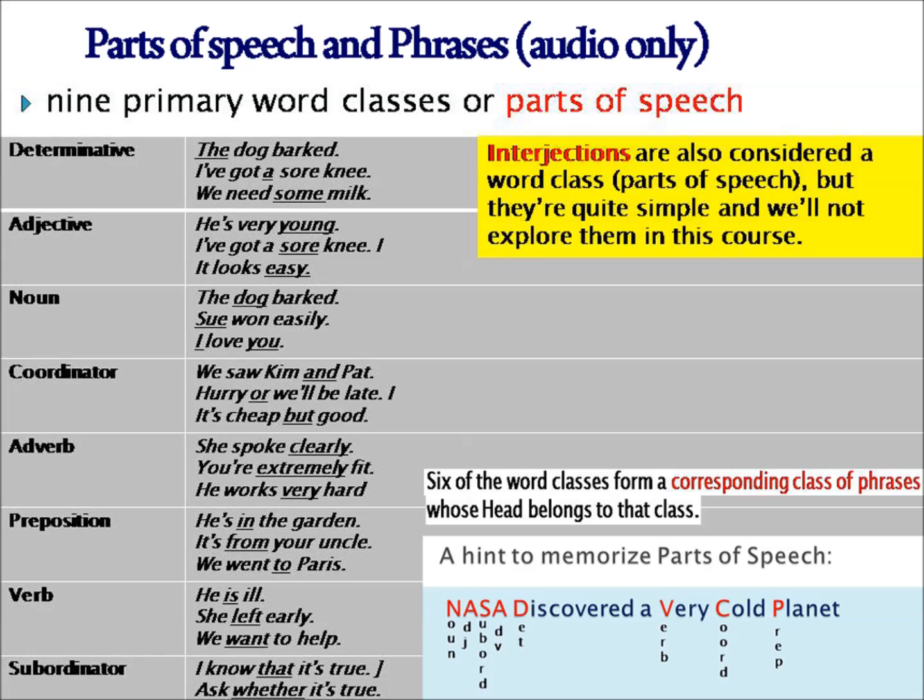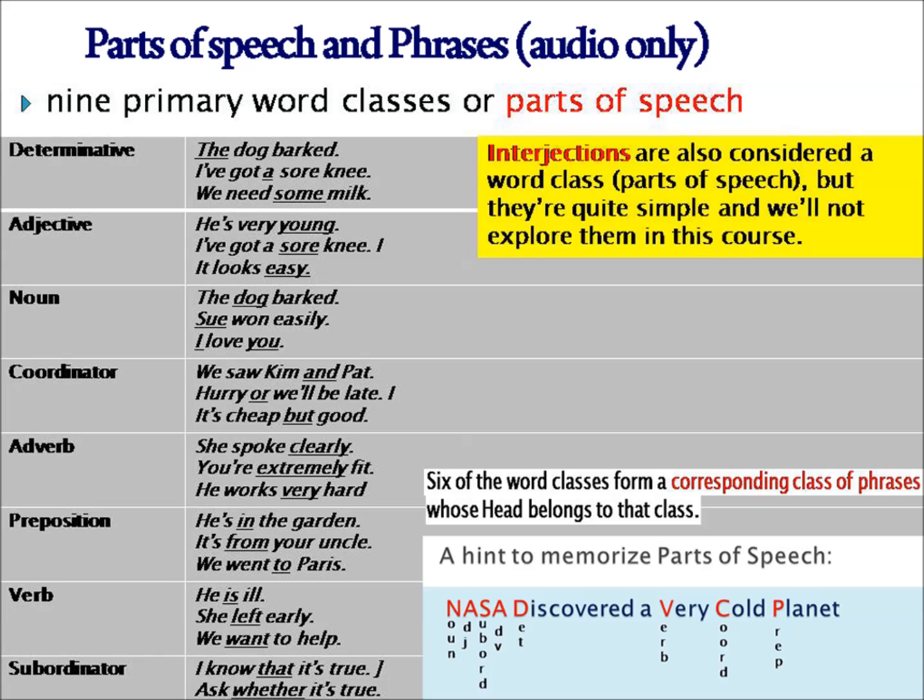What is the function of the article a? Any dog. And the same way the definite article is determinative, a in a dog barked is determinative of dog.